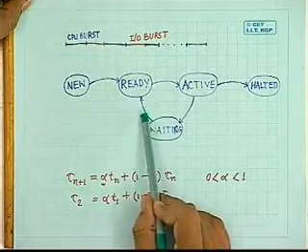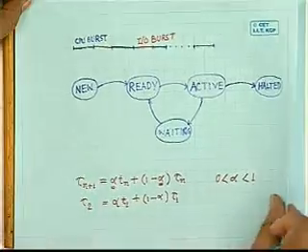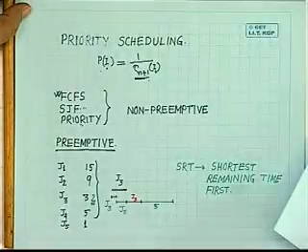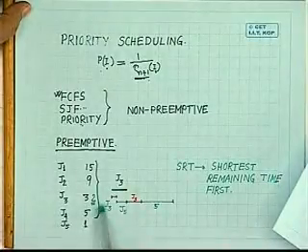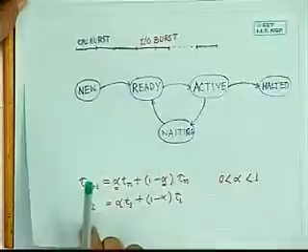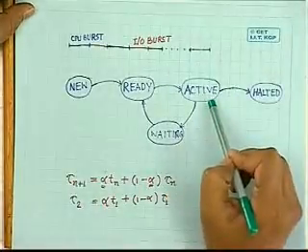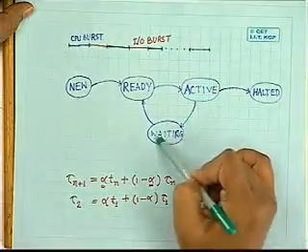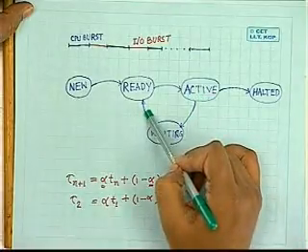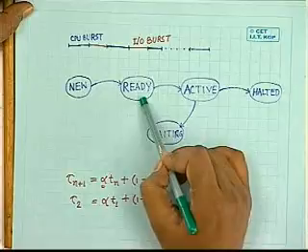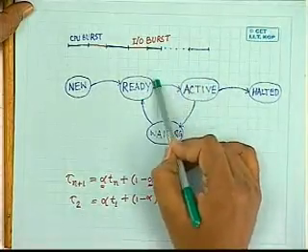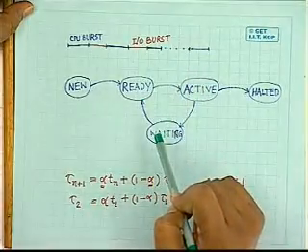Now, after talking about this preemptive scheduling algorithm, you find that the process can move to the ready state from the active state not only via this path. It is also possible that the process can move to the ready state from the active state directly because of preemption.